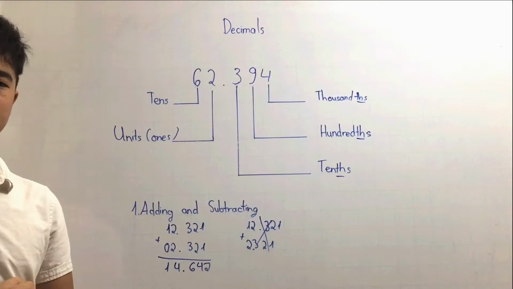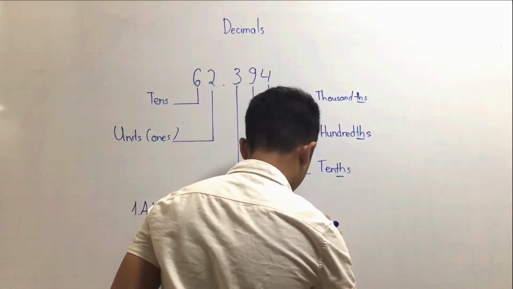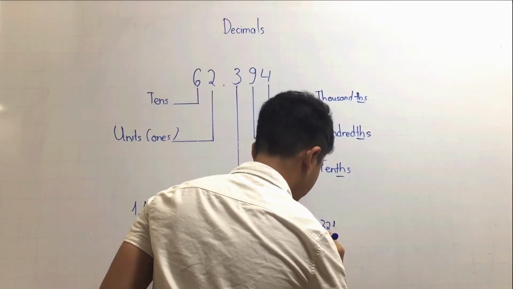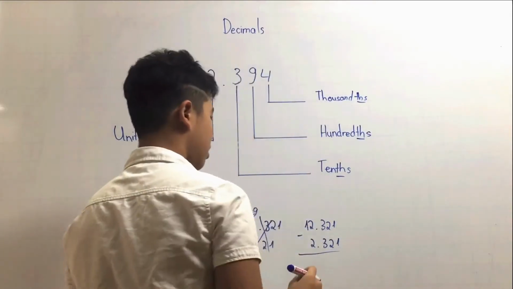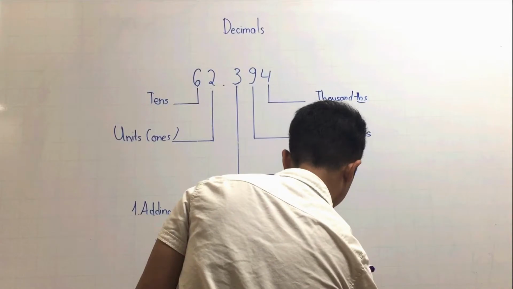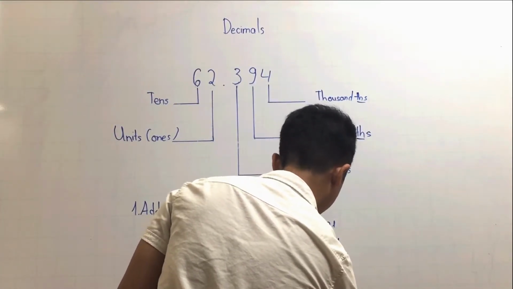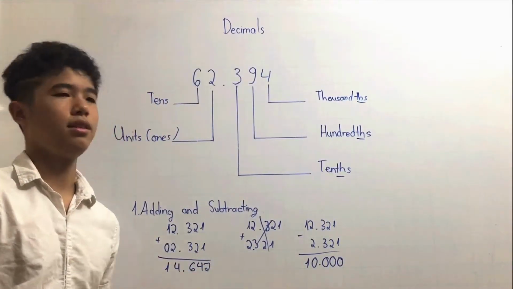It's the same with subtracting. Take 12.321 minus 2.321. 1 minus 1 equals 0, 2 minus 2 equals 0, 3 minus 3 equals 0, 2 minus 2 equals 0, and 1 minus 0 equals 1, so the answer is 10.